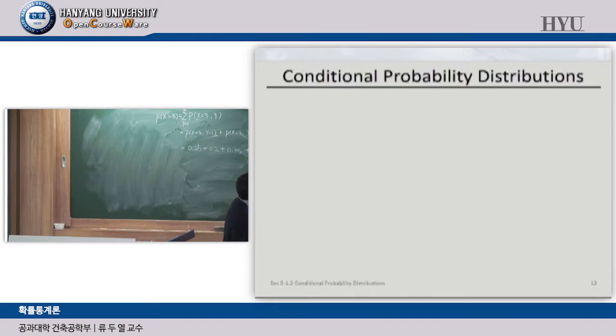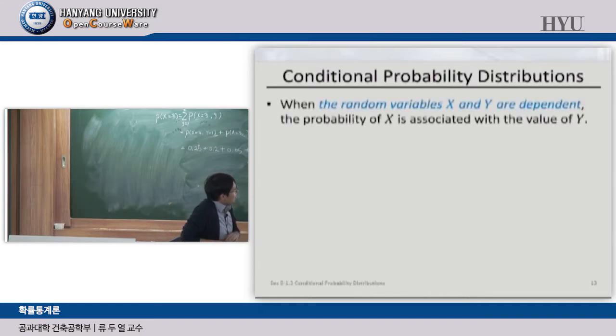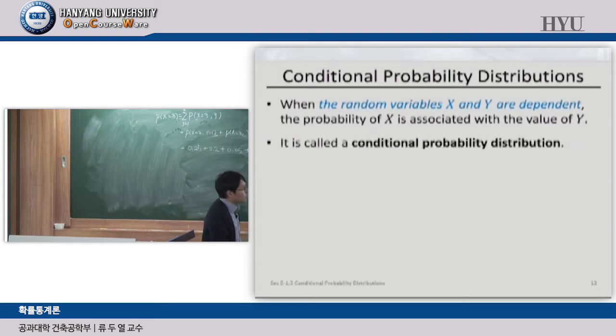And after learning about the joint and marginal probability mass functions, we have to know about the conditional probability distributions. When the random variables x and y are not independent, the probability of x is associated with the value of y, right? And it is called a conditional probability distribution.